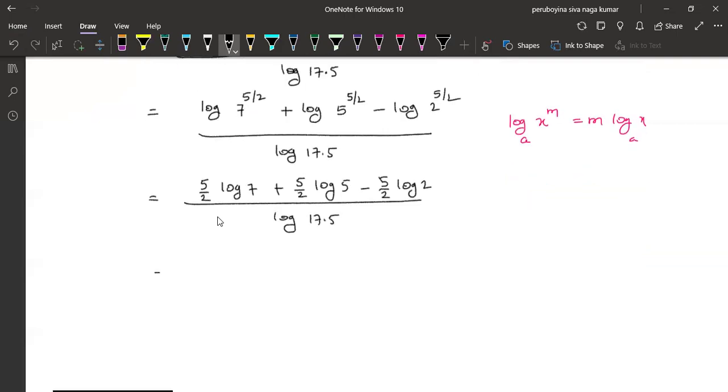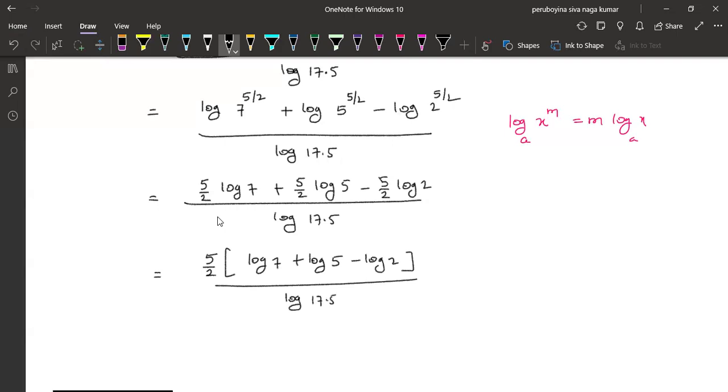And in the numerator, every number has a common multiple 5 by 2. So considering 5 by 2 as a common coefficient, log 7 plus log 5 minus log 2 and whole divided by log of 17.5.